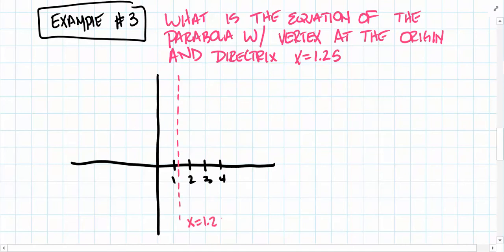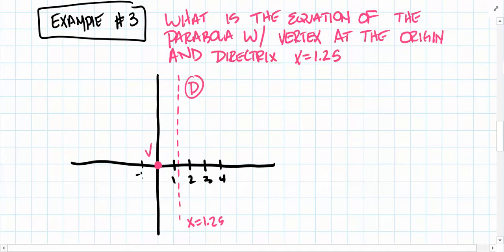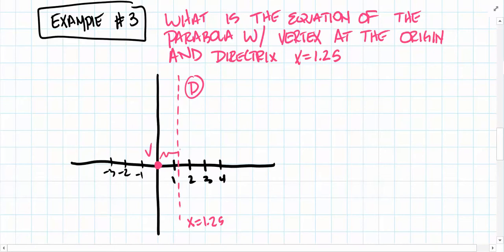So I'll put a big D there to remember that's the directrix. It says the vertex is at the origin, so I can go ahead and put vertex here. So that means that the focus has to be the same distance away, in the other direction. This is negative 1, negative 2, negative 3. So the focus has to be at negative 1.25, 0.